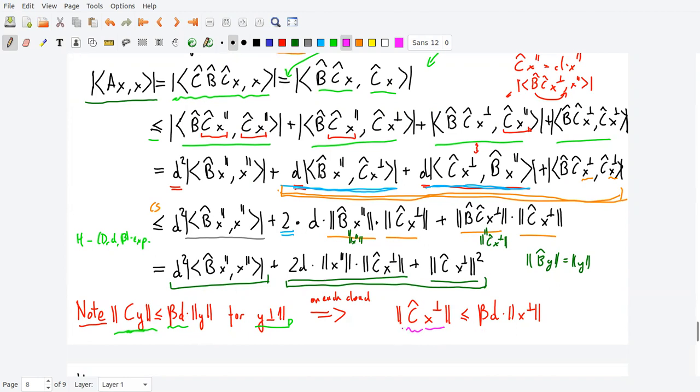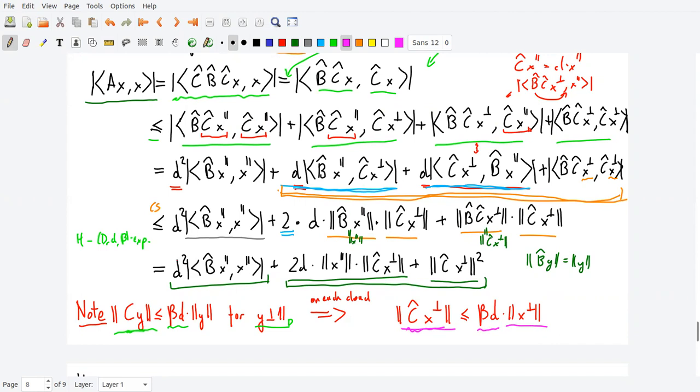The norm of this vector after application of C hat cannot be larger than the original norm multiplied by more than beta d, the largest possible second eigenvalue of the matrix C.